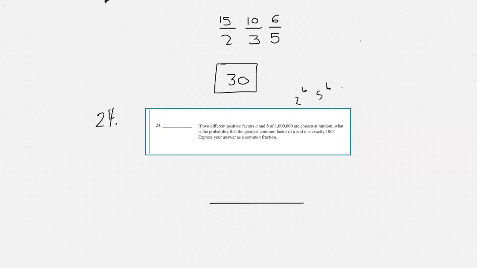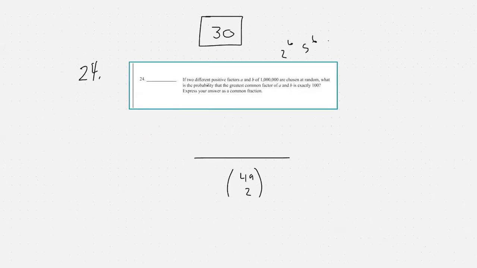Okay, and then the greatest common factor is exactly 100. We can split this into two cases. Either A and B are both greater than 100, or one of A and B is 100. If one of them is 100, then the other can have 2 to the 4 times 5 to the 4 more that it can have. This is 25 total divisors, but they can't be the same, so 24.